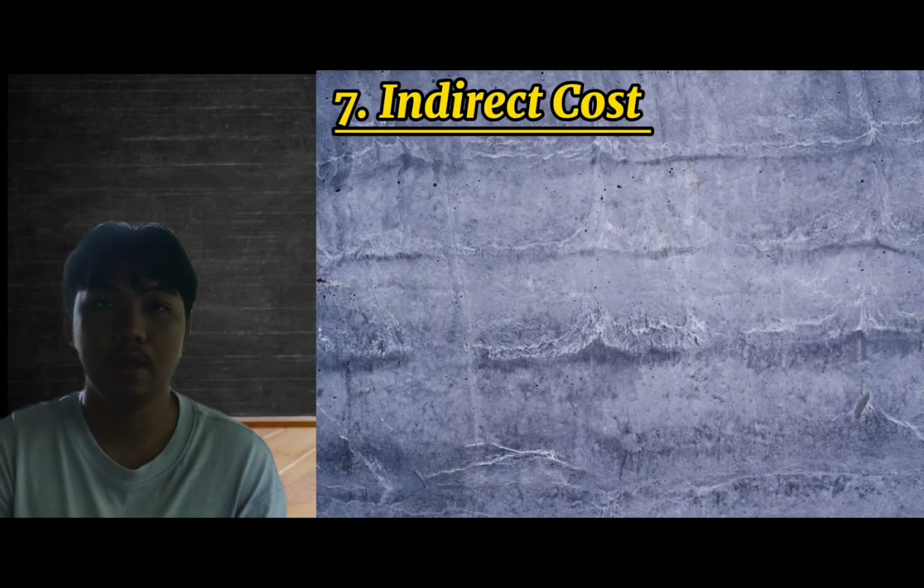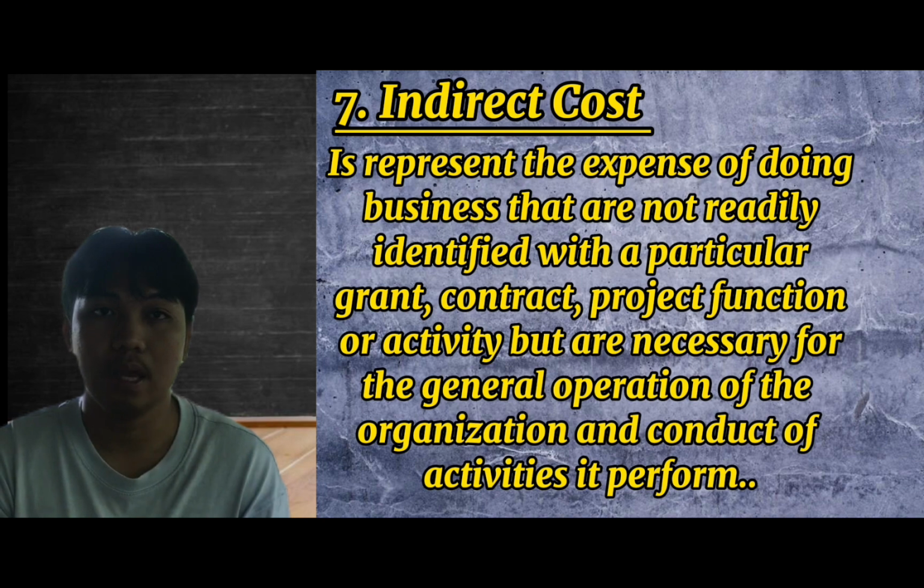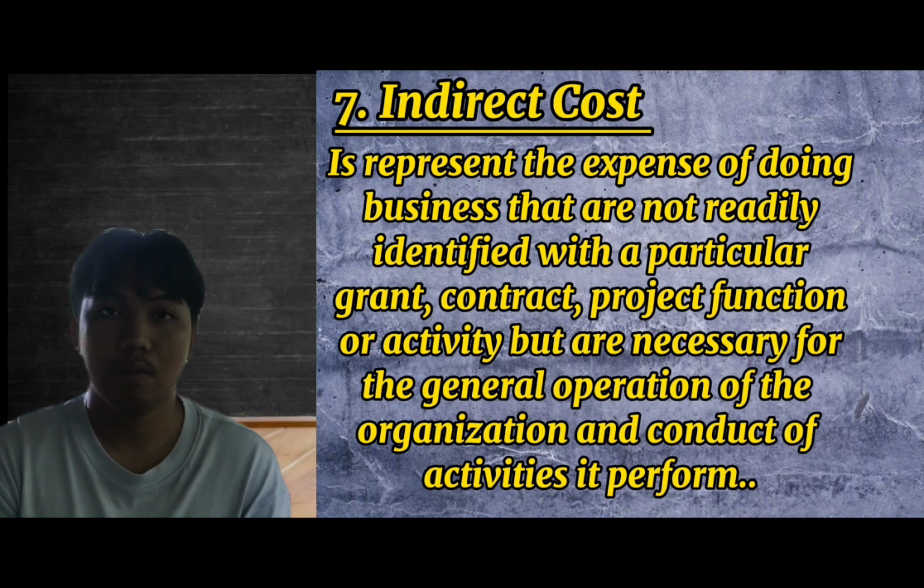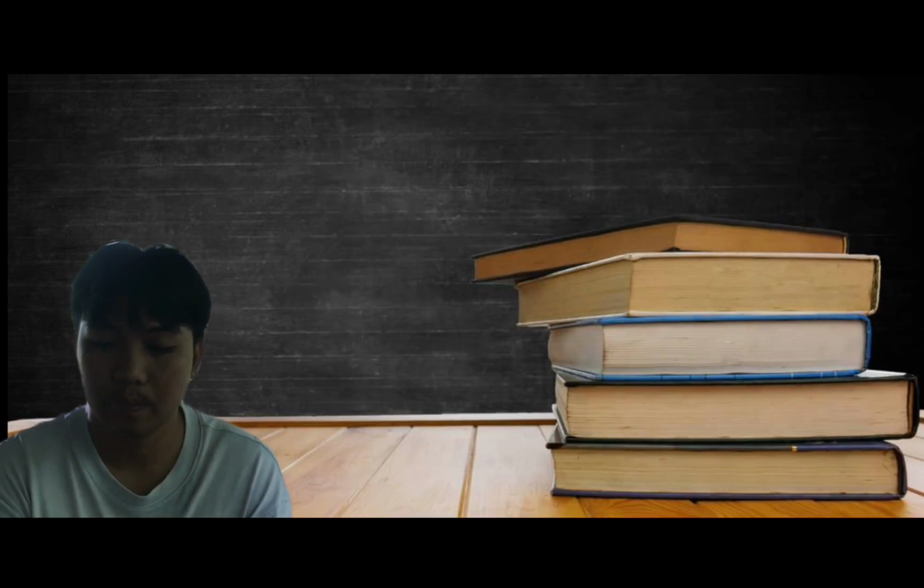Number 7, indirect cost. Indirect costs represent the expenses of doing business that are not readily identified with a particular grant, contract, project, function, or activity, but are necessary for the general operation of the organization and the conduct of activities it performs.